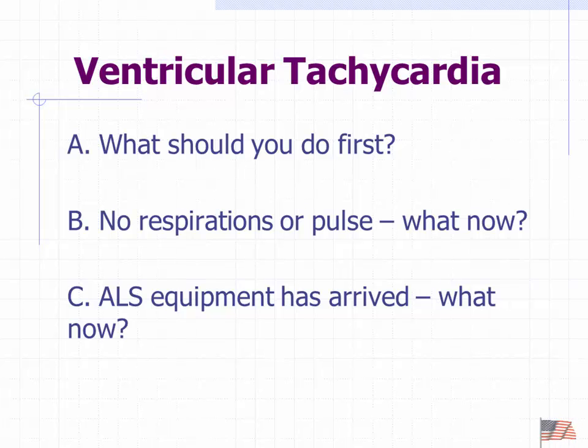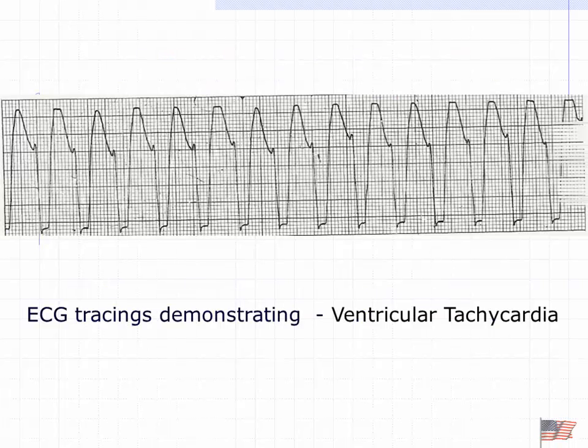So VTAC. All ventricle beats, all wide uglies, and it's over 100 beats per minute. Ventricular tachycardia. Now the first thing you need to do is evaluate whether or not you've got a pulse. And this is VTAC, ugly.